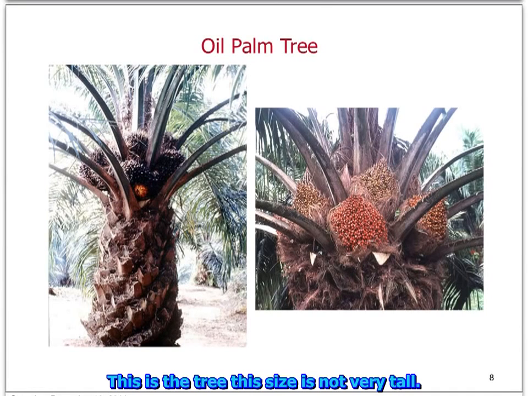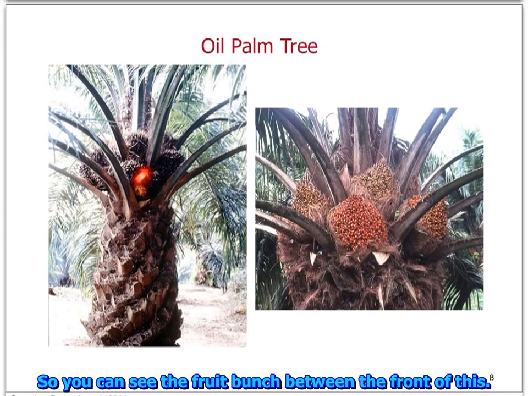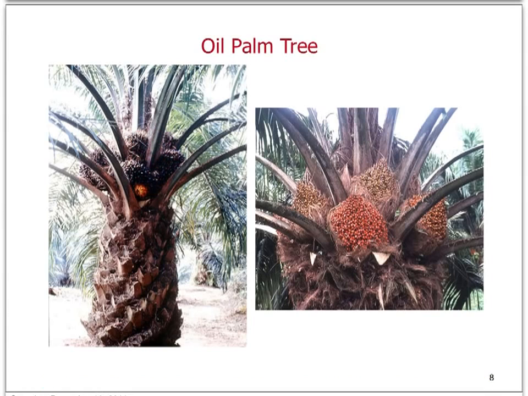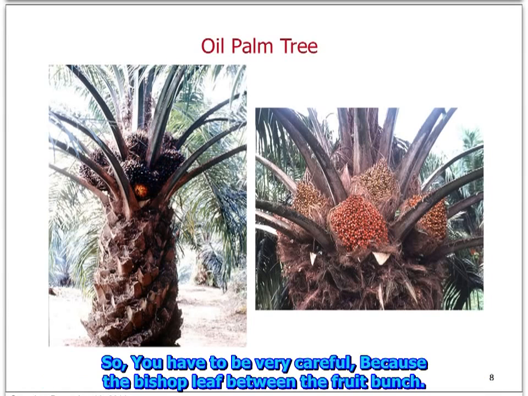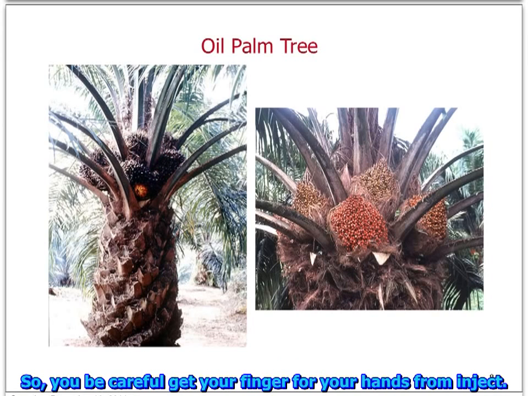The tree is still not very tall, so you can see the fruit bunch between the fronds like this. You have to be very careful because there's a sharp thorn between the fruit bunch. If you're not careful, you can get your fingers or your hand injured.